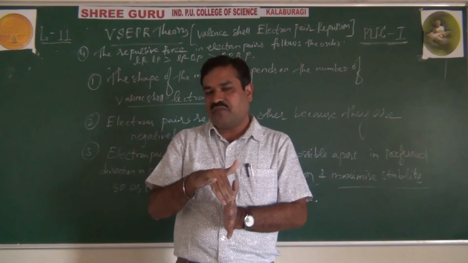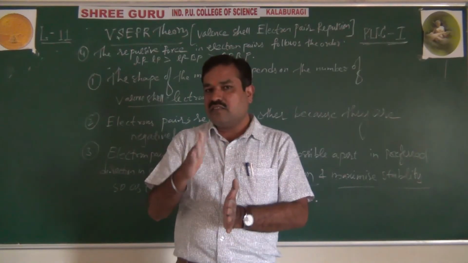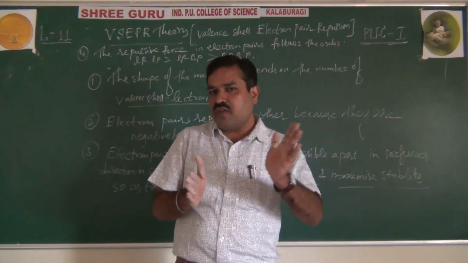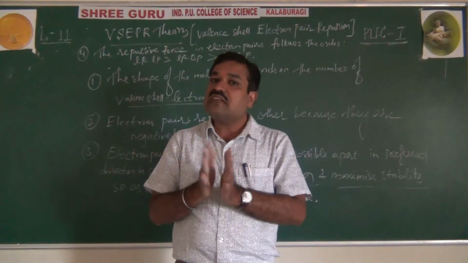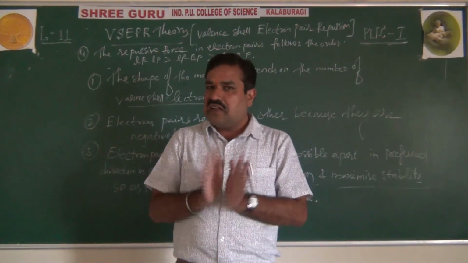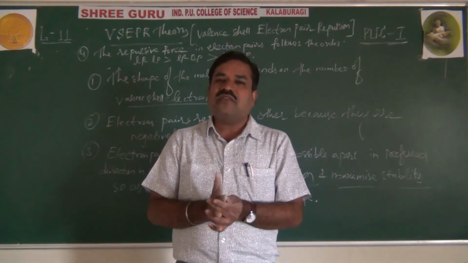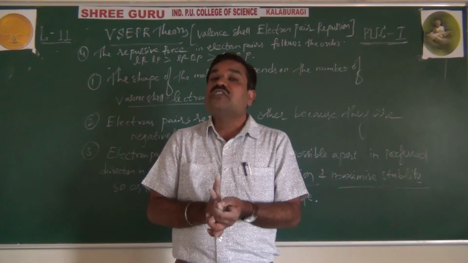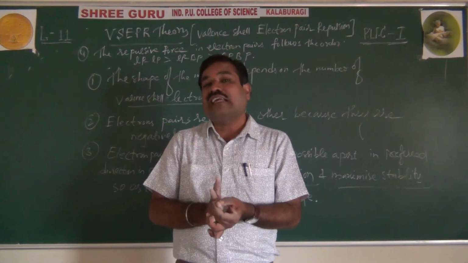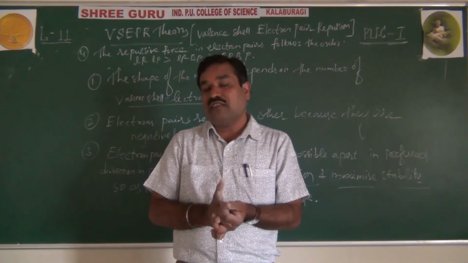Regular geometry will be affected. That's why the difference between geometry and shape you will come to know tomorrow. I will tell you with the table. Regular geometry will not be affected, but there is a distortion in the shape as well as bond angle, and even that I will tell you.